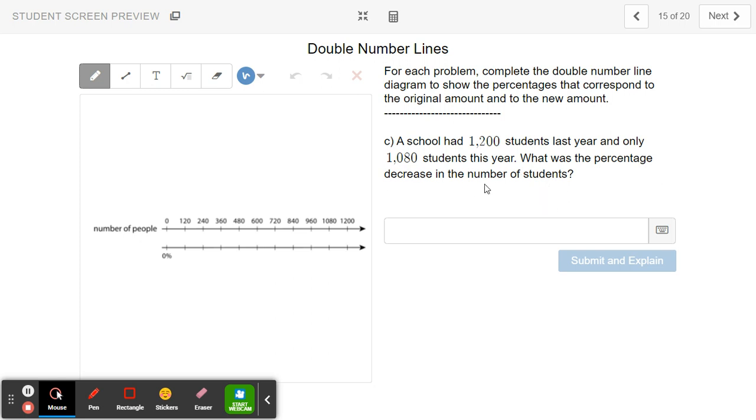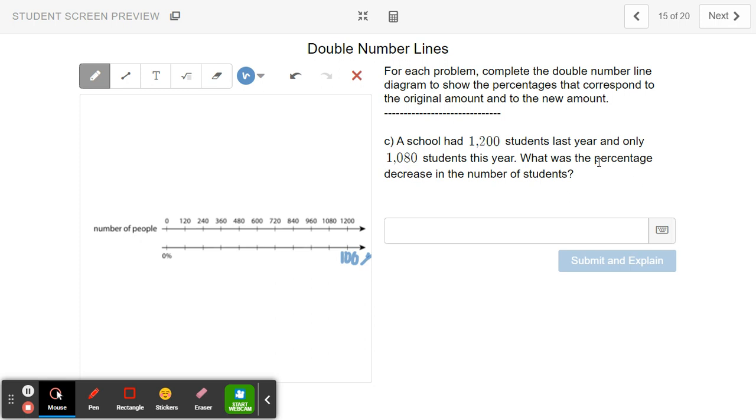Okay, so again, the first thing I want to do is put in what goes with my original amount, right? My original amount is always 100%, and that's going to help me out here. So if the school had 1,200 students last year, that's my original amount. So I know 1,200 has to be 100%. And I know that we're looking for the percent decrease.